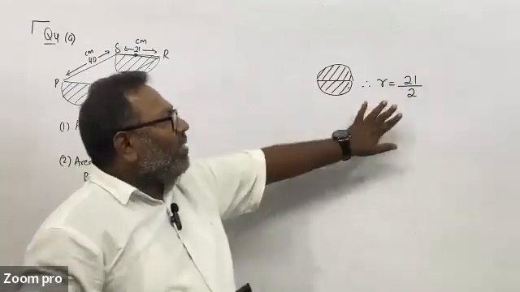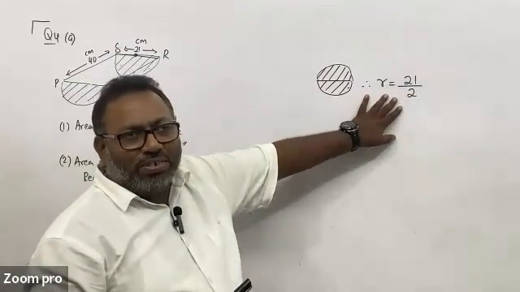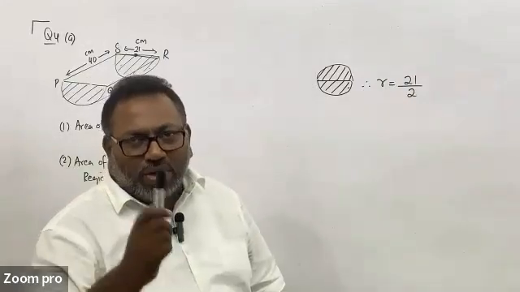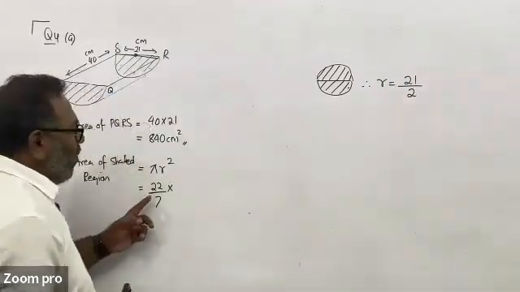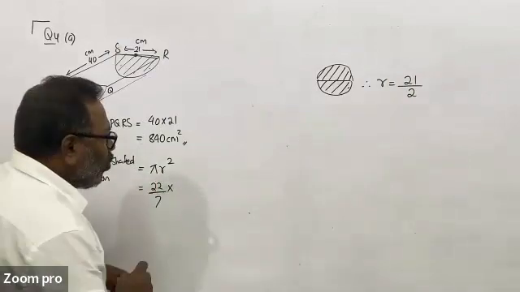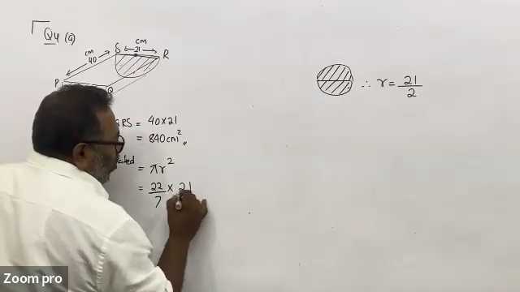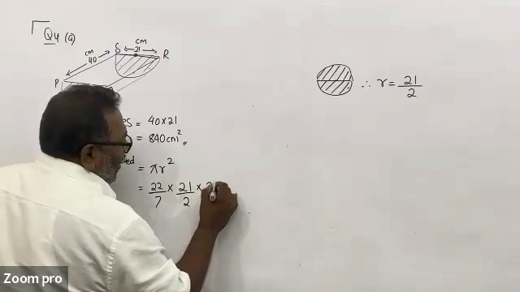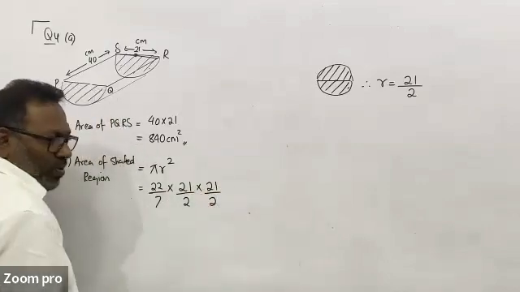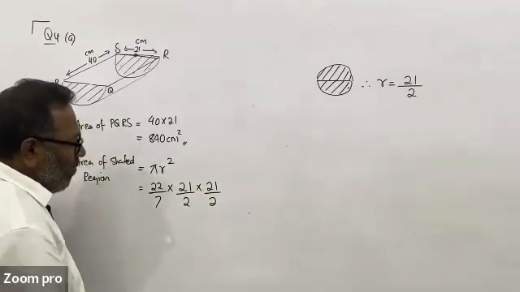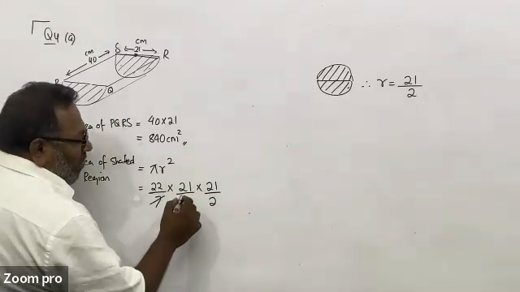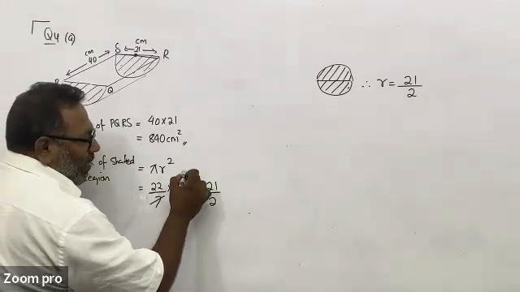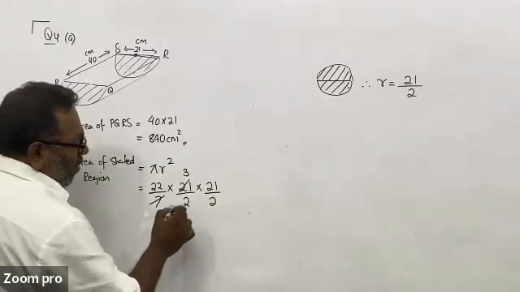But leave it like this. When it is a radius and it's a fraction, it's easy to solve. I'll show you why. So what is your r squared? 21 over 2 into 21 over 2. Okay. So simplify now. 7 divided by 7 is 1. 21 divided by 7 is 3.